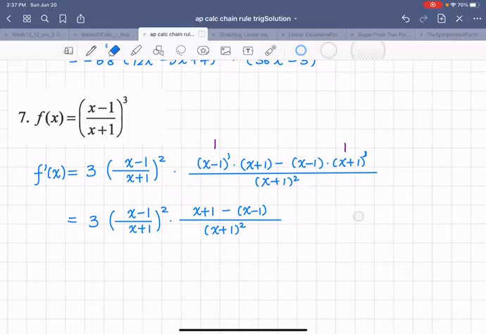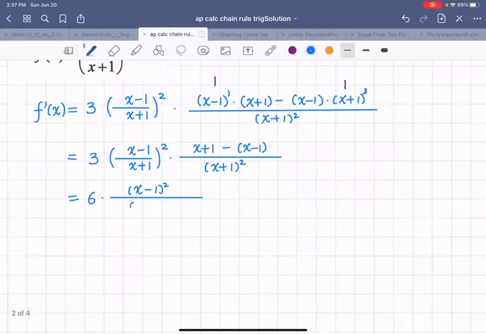Okay. Now, how much is this? That's just 2. So 2 times 3 is 6. And then divided by the denominator becomes x plus 1 to the power of 3.